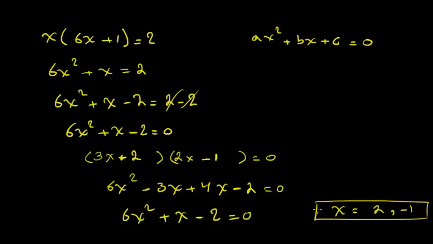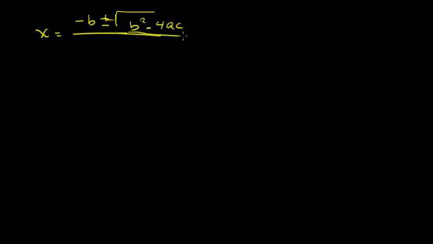As I said, we have two ways of solving a quadratic equation. One is by factoring, the one we have done so far. And the second is using the quadratic formula. The quadratic formula is written as x equals minus b plus or minus the radical of b squared minus 4ac, over 2a.